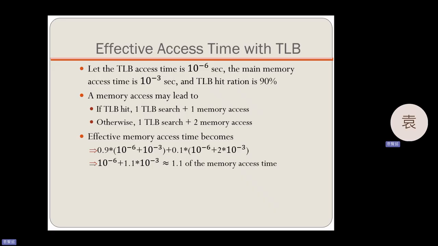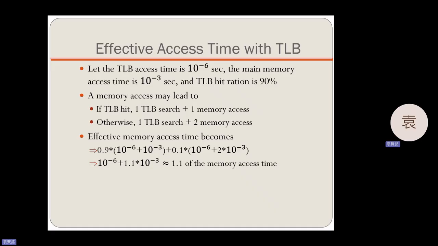Assume the TLB access time is 10 to the -6 seconds, microseconds, and the memory access time is 10 to the -3, milliseconds. It's just an assumption, but in general the orders of magnitude of TLB access time and memory access time differ by about thousands. And the hit ratio is 90%, for example.